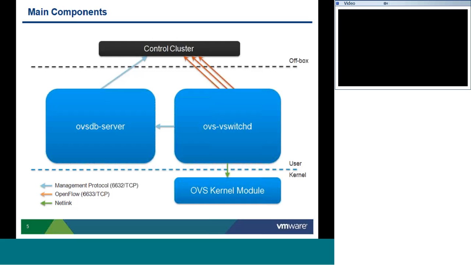OVSDB can be controlled by a controller offsite as well as a command line tool, right? Yes. So is there some parity which takes preference? Sorry, was it vswitchd or DB server? The OVSDB server. Okay, so the question was, is there some sort of preference on who makes changes, if it's remote or local for OVSDB server? It doesn't make a difference, because as far as OVSDB server is concerned, they're just connections that are coming in.